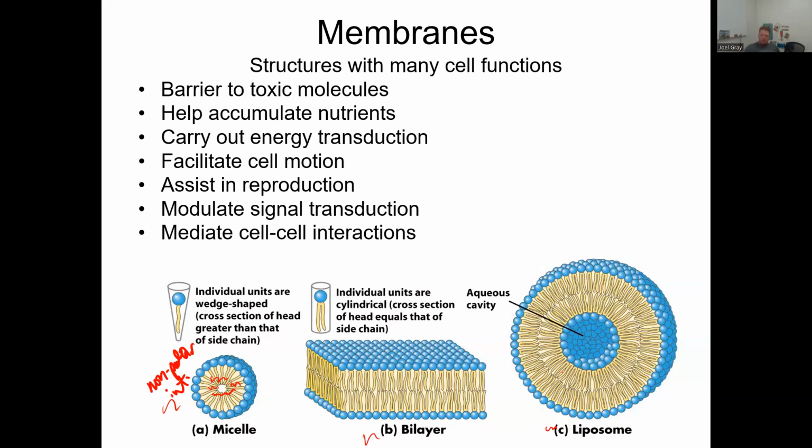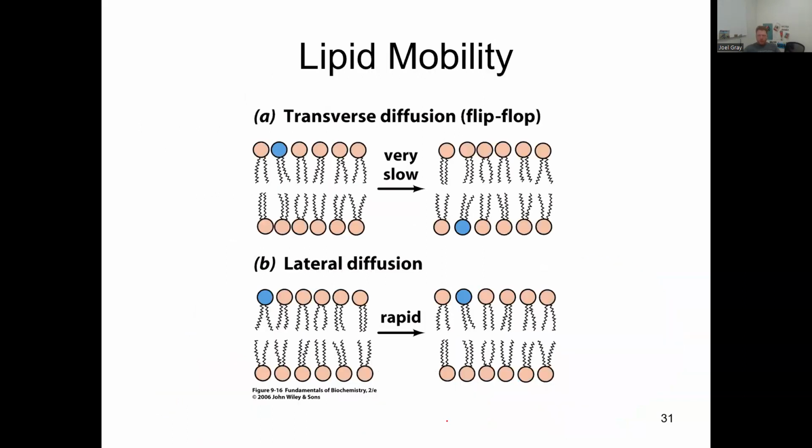But within that lipid bilayer, what do you have? You've got a non-polar region. But on the outside, here and here respectively, you've got polar regions. So those are your three major membrane structures.